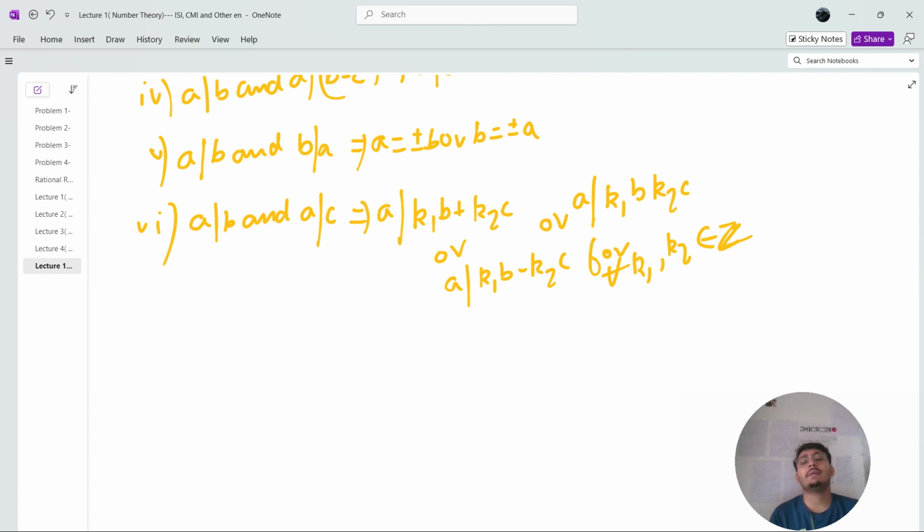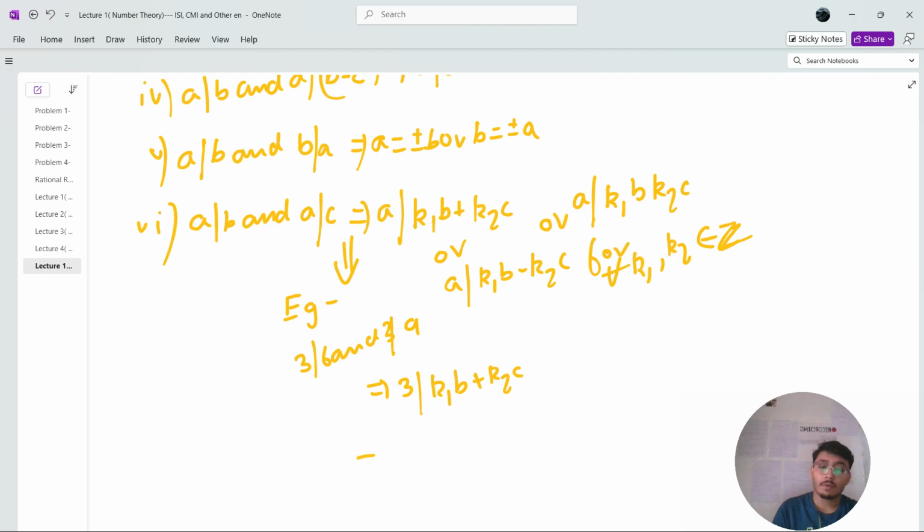So if A divides B and A divides C, let me give an example, just to show that this result holds true. 3 divides 6 and 3 divides 9. That means 3 must divide K1B plus K2C, that is, 3 must divide 6K1 plus 9K2.